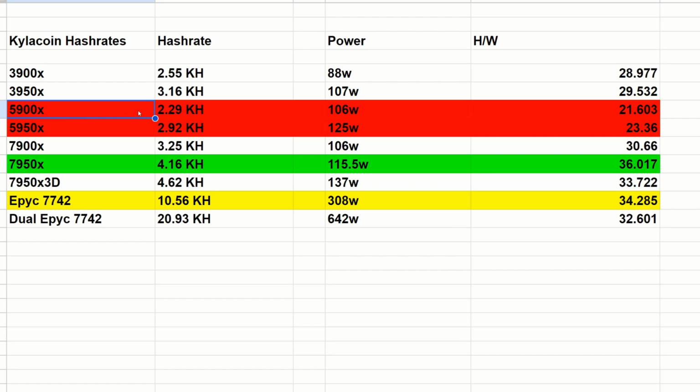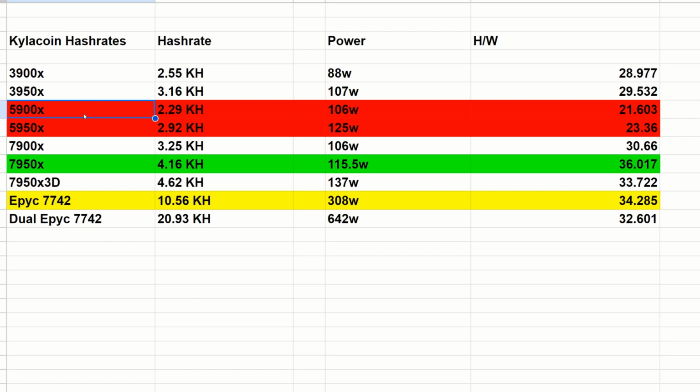We can see the 5900X is at 2.29 kilohash, which is actually less than the 3900X. It was also using more power at 106 watts, bringing us down to only 21.603 hash to watt ratio. And the same thing happened with the 5950X, where it's 2.92 versus 3.16 on the 3950X. And they are both around the same amount.